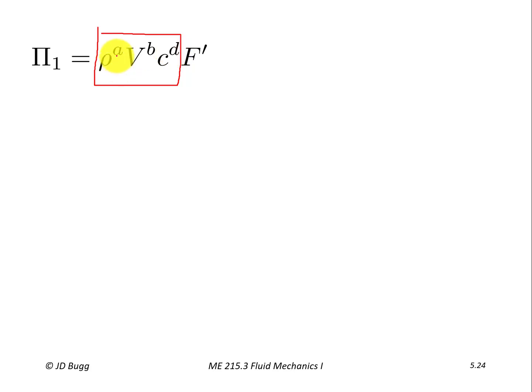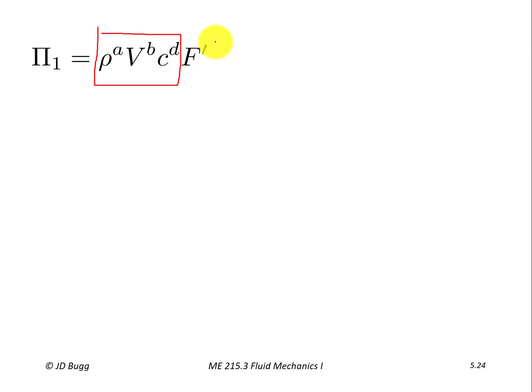So rho to the a, v to the b, and c to the d. I didn't use c here because c is already being used for the chord length. So these 3 exponents, or powers, are unknown. We're going to show how to find them here in a moment. But that's our first step, to write out our 3 repeating variables raised to some unknown power.